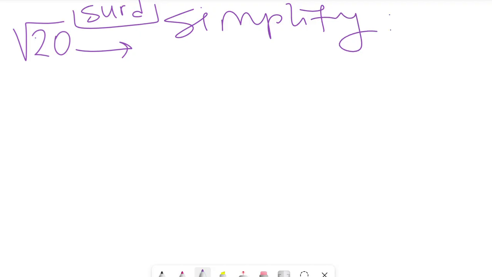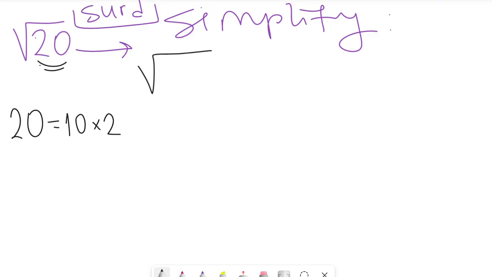How do we simplify that? You ask, what are the two numbers that we can multiply that will give us 20 so that we know square root of one of them? You can say, I will get 20 by multiplying 10 by 2. Okay, but then ask yourself, do I know square root of 2?